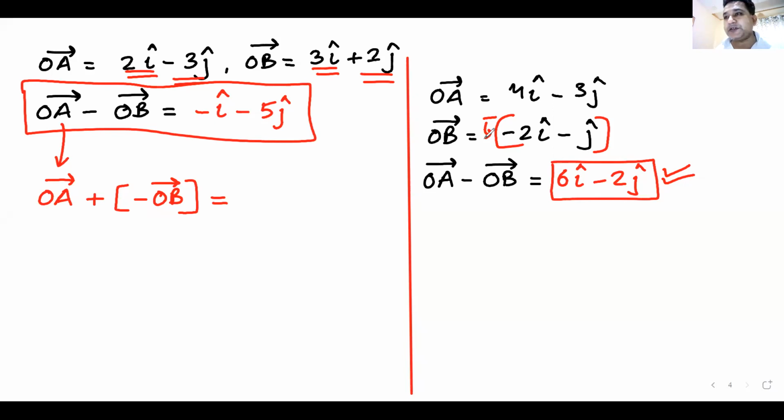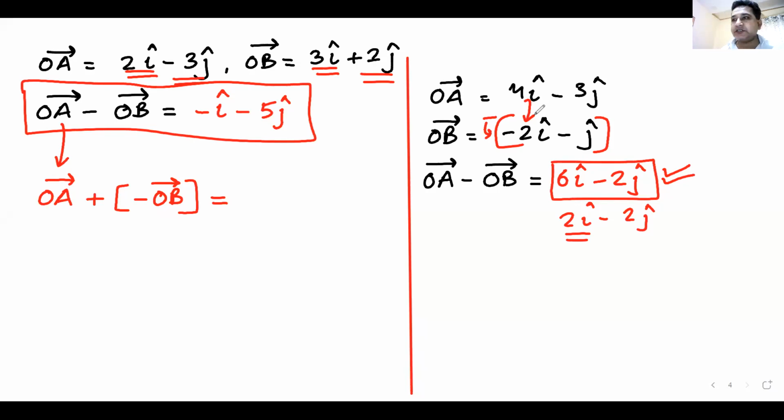Someone gave me the answer as 2i minus 2j. Beta, you have added or subtracted them wrongly. Minus of minus 2i becomes plus of 2i. Please remember these small things because they will make a big dent in your marks finally. Am I clear with this concept?